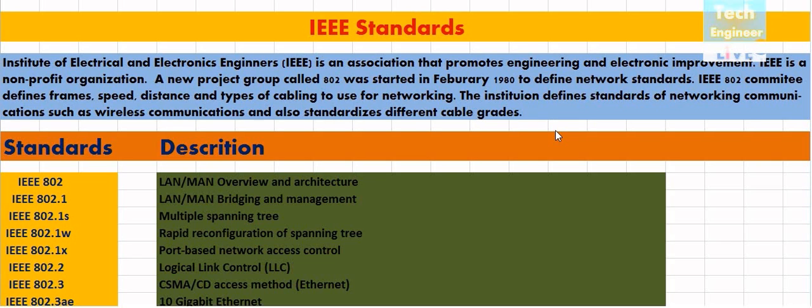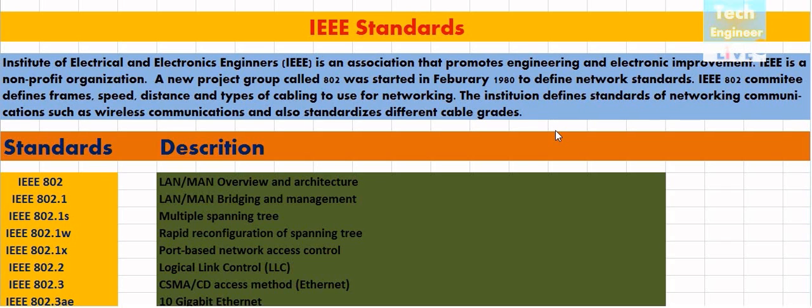The 802 is the first definition of the 802 committee, which was formed at that time, and after forming, the committee defined the network. IEEE 802.1 is for LAN/MAN bridging and management.